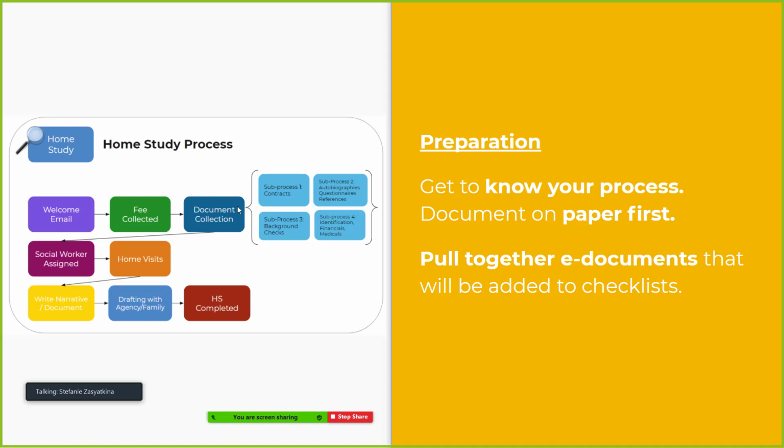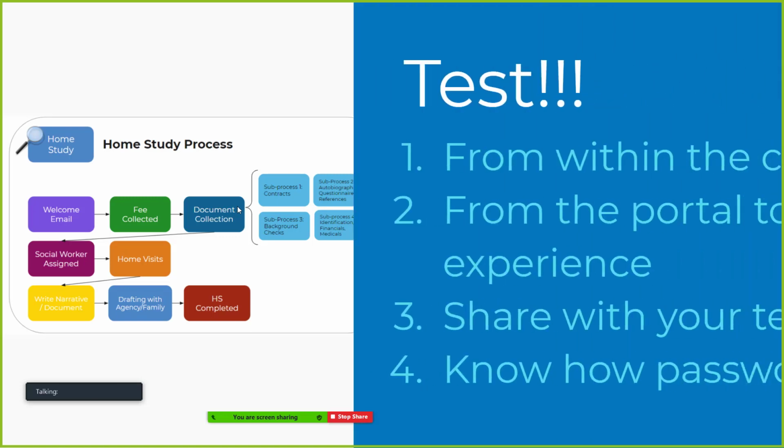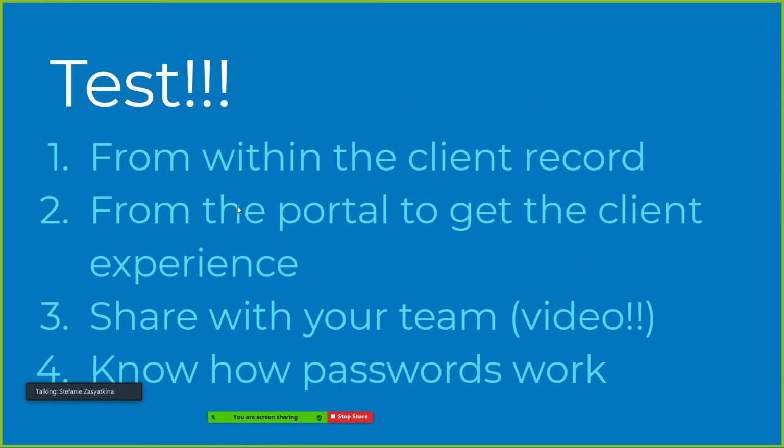So those documents that you want to provide to the family to download, that they will then upload to you, pulling them all together into zip files, so that if you need our team to support you with putting it together, it's easy to transfer that information to us. And even if it's not, it's organized for you so that you have it at your disposal when you're ready to go into the system.